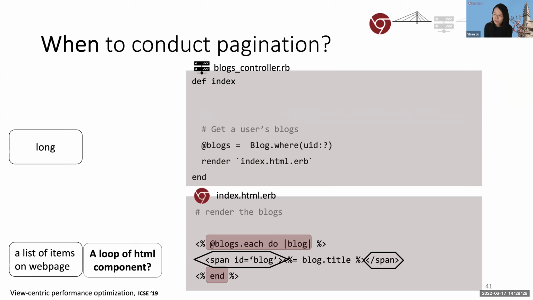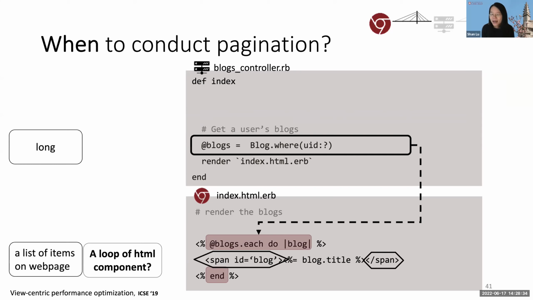And what does it mean? How can we tell the compiler to check whether something is a long list or a short list? Potentially, we can let the compiler analyze the loop bound, how many iterations this loop will take. In this particular case, the number of iterations is the size, the scale of the results returned by this blog.where, which is a select query.